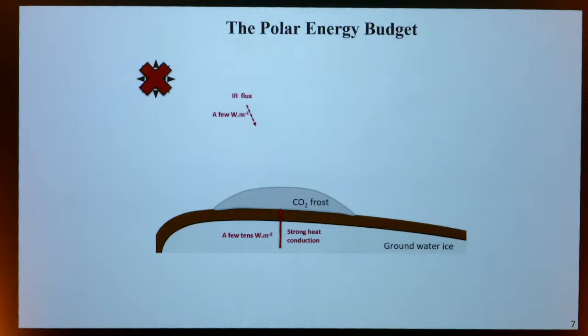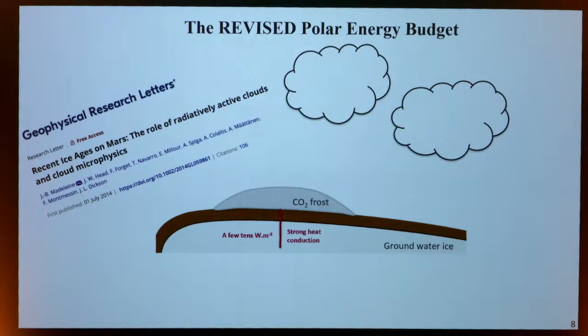Today, I want to discuss another effect, which is the radiative effect of clouds. We know, based on the paper by Jean-Baptiste Madeleine in 2014, that it has a strong effect on the temperature of the atmosphere and the humidity, but we don't really know its effect on the surface temperatures.